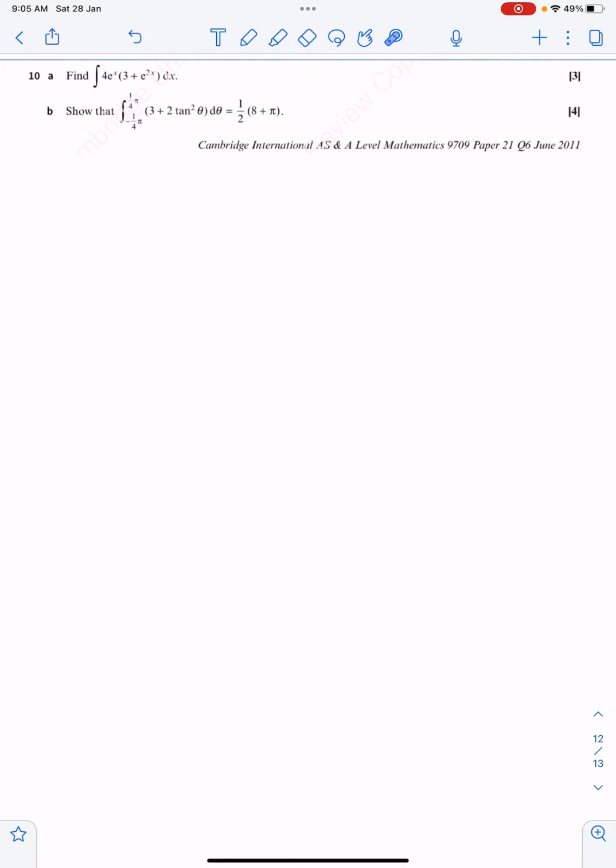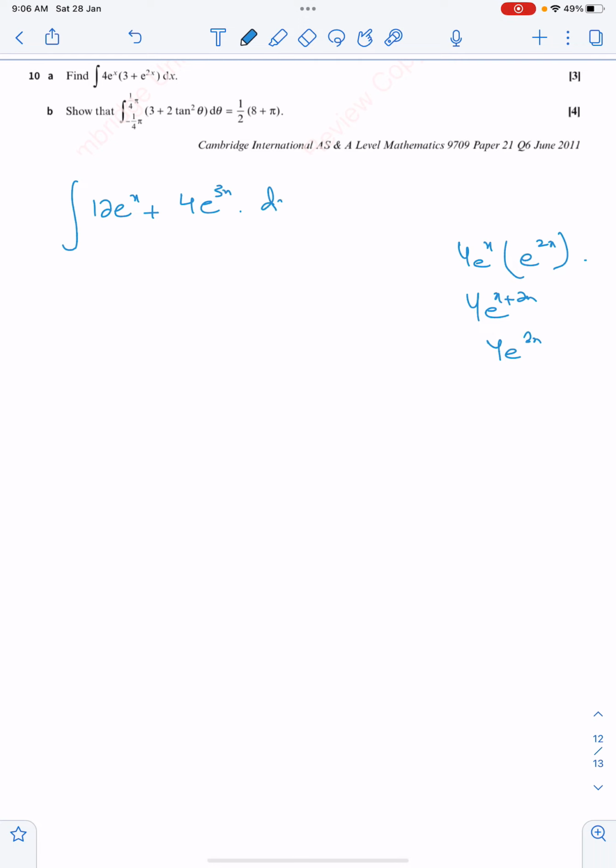This question. We're supposed to integrate this now. So I'm multiplying the bracket. This will become 4 into 3 is 12e^x plus 4e^x times e^2x. You have to add the powers, so it will become x plus 2x, which is 4e^3x.